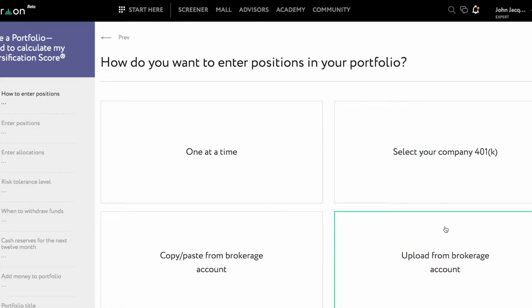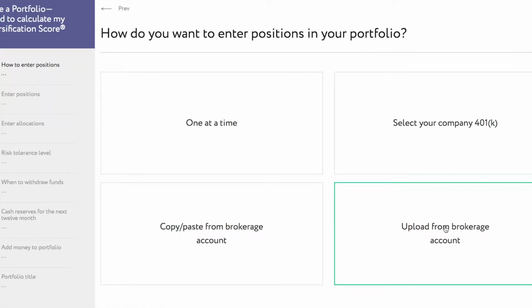This seamlessly connects your portfolio with your actual brokerage or retirement account. If you don't use the aggregation service, it is important to adjust the positions manually, which is very easy to do. When it's all said and done, the goal is to have your portfolio here on Tickeron look exactly like your portfolio in real life.